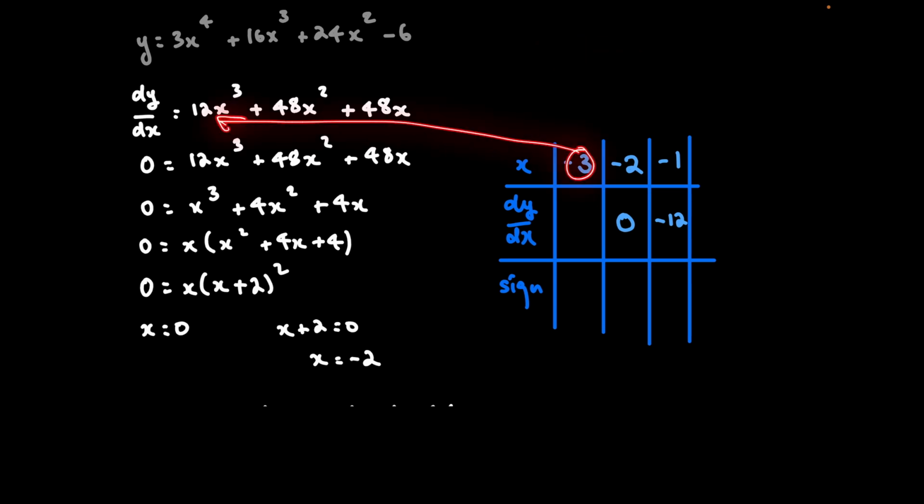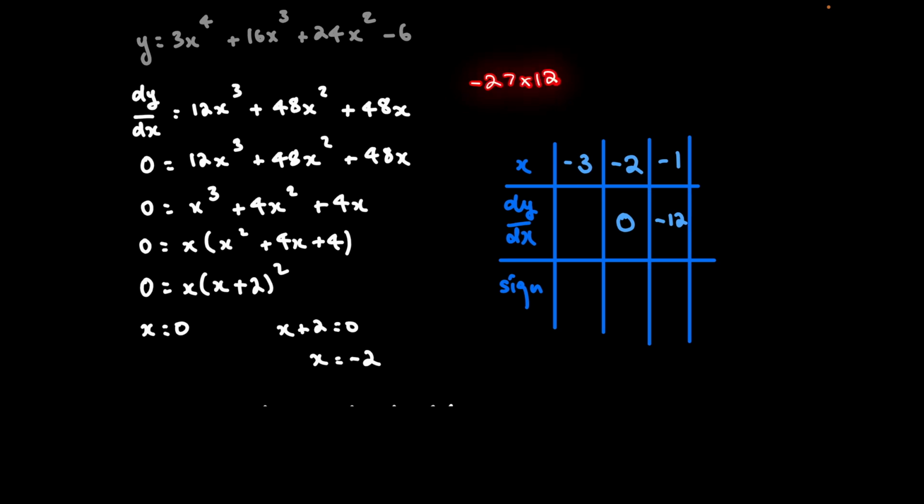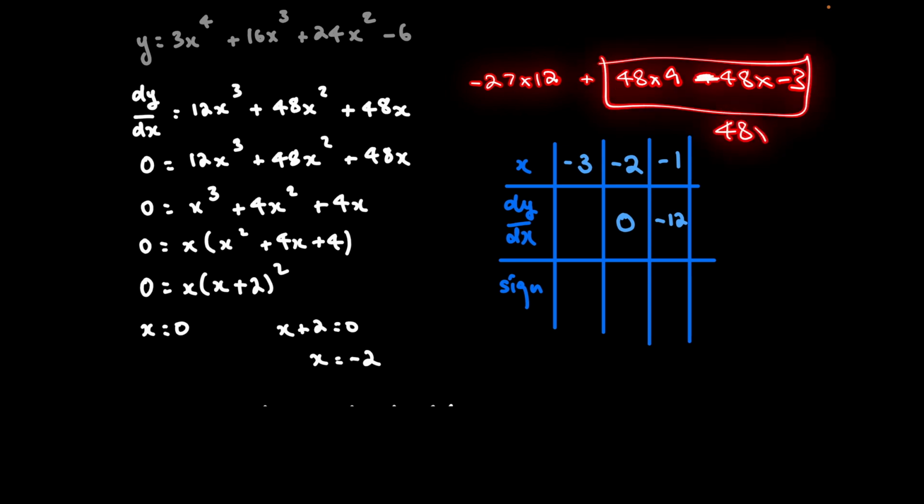So negative 3 cubed. Okay, we sub it into here. We get negative 27 times 12. Then we get plus 48 times 9. Then we get plus 48 times 3, or negative 3. Okay, so we can factorize this component here as just 48 times 6. We can rewrite this here as simply 3 times 3 times 3 times 12.